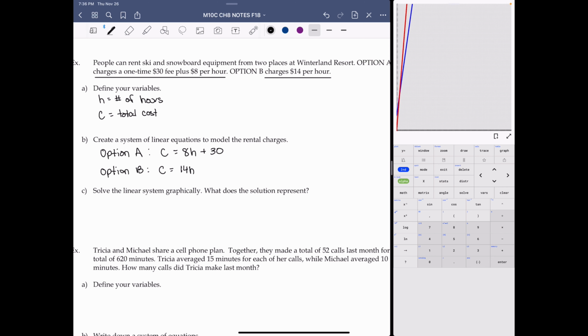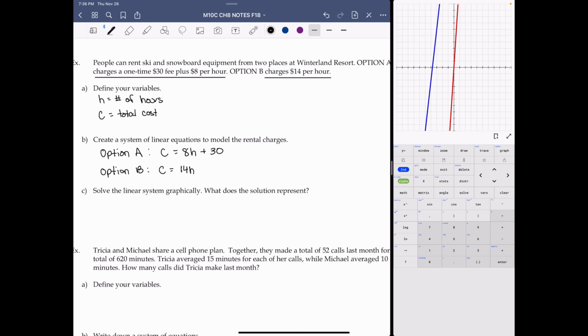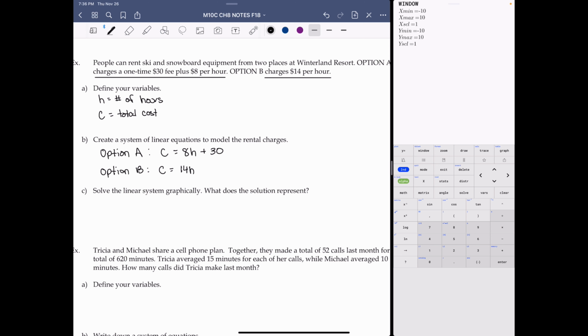And I happen to be able to see my window. If I had been in standard window, I wouldn't have been able to see the intersection point, but I can tell that the graphs are getting closer at the top of the screen than they are at the bottom. So I would want to go window, and I would want to go up, which is my Y max.